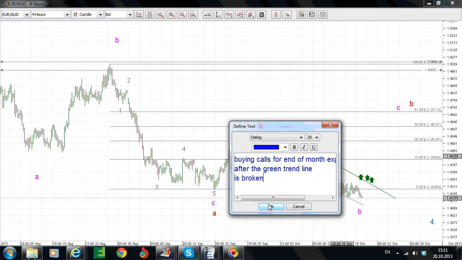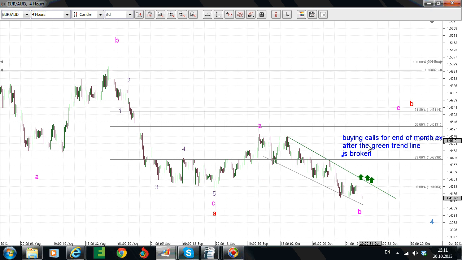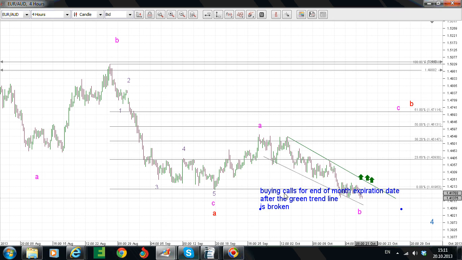This is our strategy on the euro and Australian dollar. Really don't think that the 150 area has been pierced only and then price to go to the downside. The structure of this move here is corrective, and we are looking to buy calls by the time the green trend line here is going to be broken. It remains to be seen.